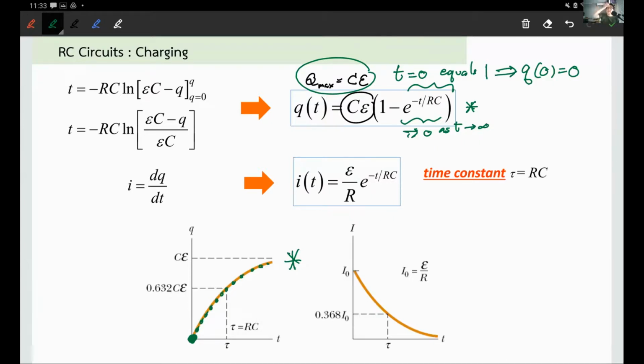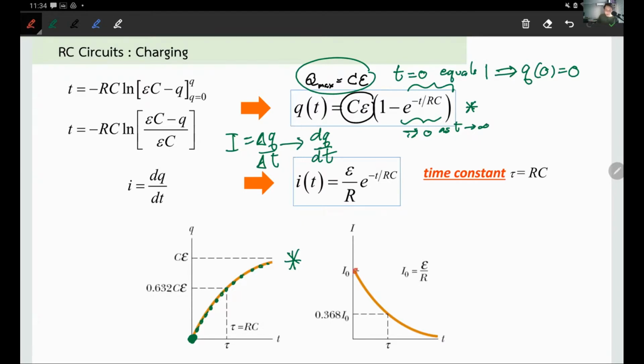And once you know the charge that is flowing, you can actually calculate the current flow, because the current is just the charge per unit time. I can turn this into calculus because this is a continuous function. So instead of just the amount of charge per unit time, you differentiate it with respect to time. That means I can differentiate the upper equation to get the current, and that will give you the current flow.